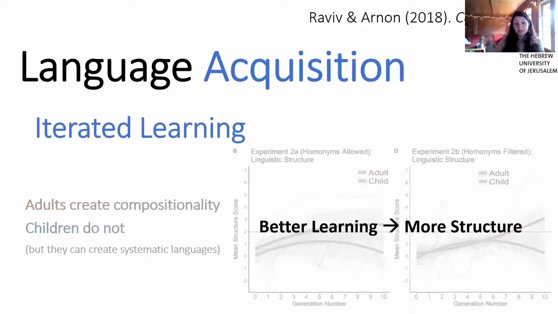I want to link this back to language acquisition, because our additional analysis showed that the differences between children and adults were related to how well they learned the language. Basically, participants, children and adults, who learned their input languages better were also more likely to introduce more structure to their output, so to regularize it. And this strengthens the relationship between learning biases and emerging structure.